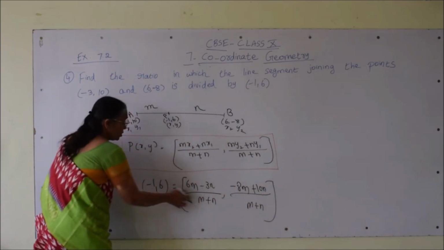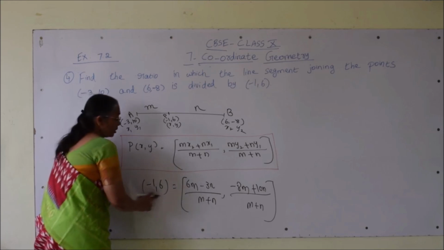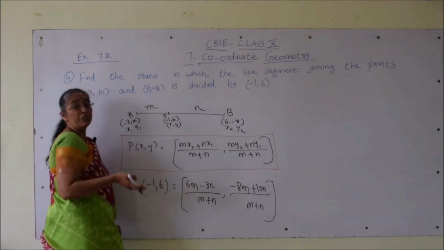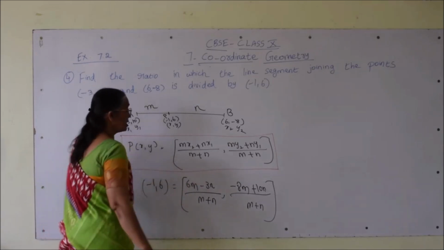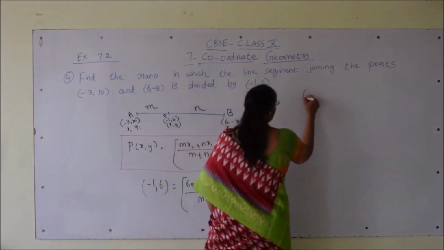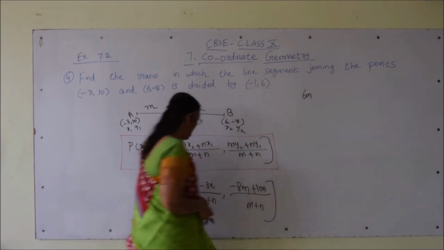Now these two are equal. When the coordinates are equal, the x coordinates are equal and the y coordinates are equal. So if you equate any one, we will get the ratio m by n.